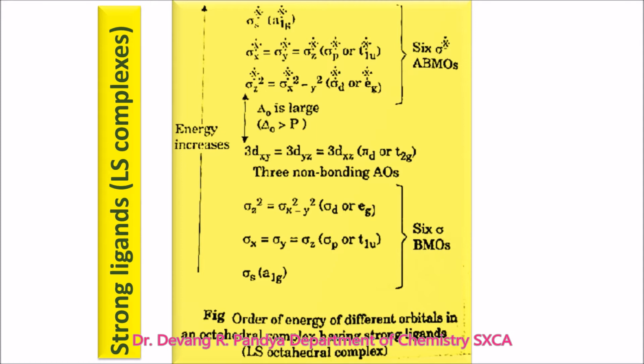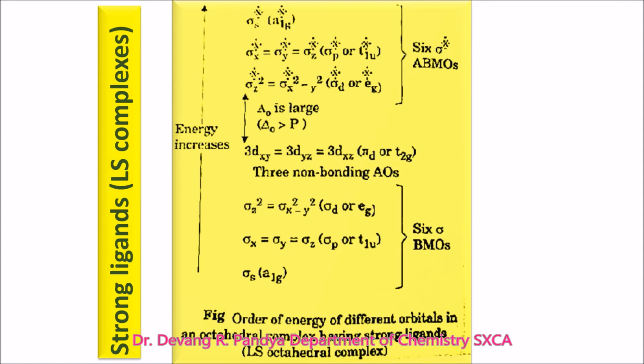Above this Eg star we have t1u star, that is sigma star p orbital, and above that we have sigma star a1g orbital. So these are 6 ABMO and these are 6 BMO. BMO is very close to LGO, and therefore they will demonstrate the property of ligands, while this 3d, which remains exactly equal in energy to the metal atomic orbital, will represent purely metallic characteristic.